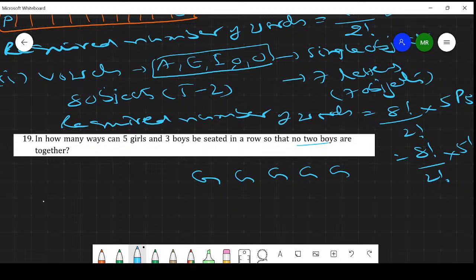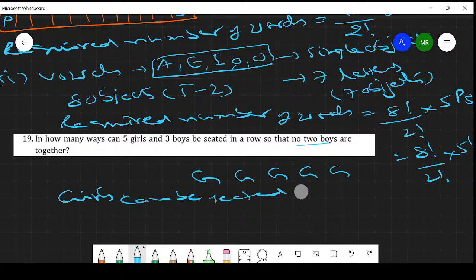So girls can be seated in 5 factorial ways, right?